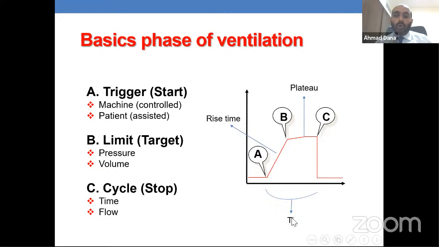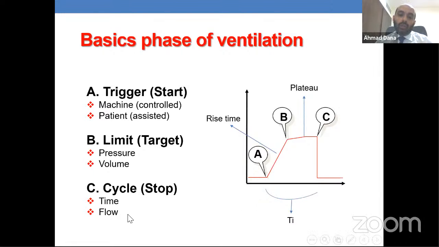When you set the I time in ventilation modes like continuous mandatory ventilation, CMV, SIPPV or SIMV, in those modes you put it as a time cycle, so you open the valve when you finish this I time. But in pressure support ventilation, we give the baby a chance, according to his lung pathology.